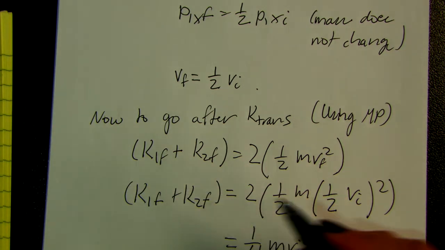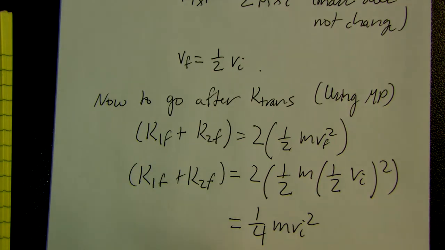So therefore, K1 final plus K2 final is equal to K1 initial divided by 2.